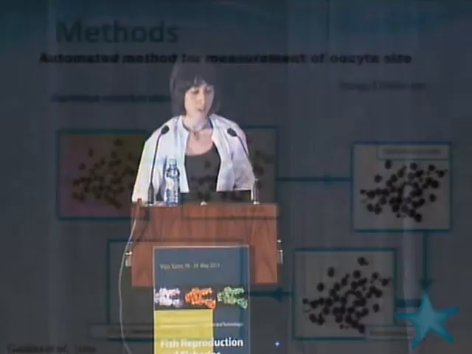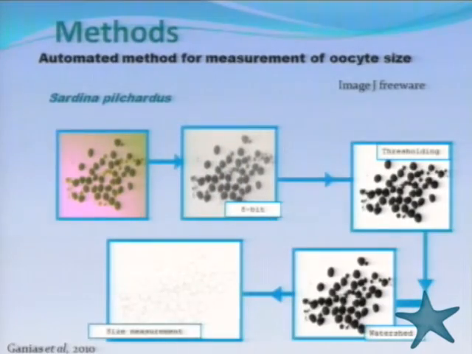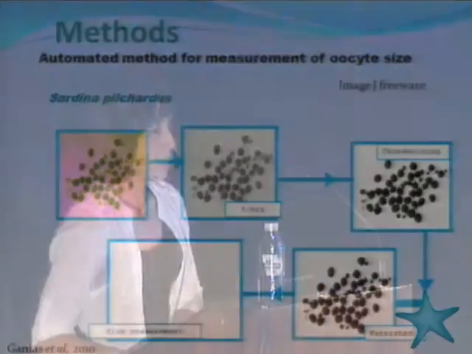In detail, for the species Sardina pilchardus, we used an automated method consisting of 4 steps. First, converting the image to an 8-bit black and white image, then thresholding and watershed commands to separate the oocytes, and then we had the size measurements. We altered this automated method a bit in order to deal with the very specific shape of the oocytes of the anchovy.